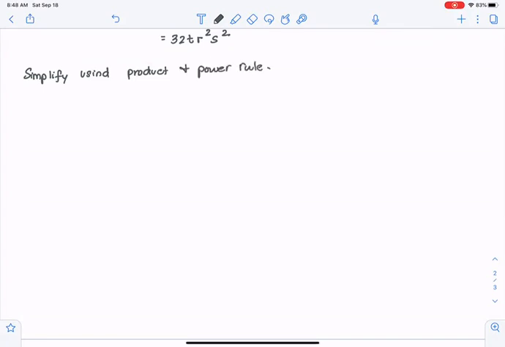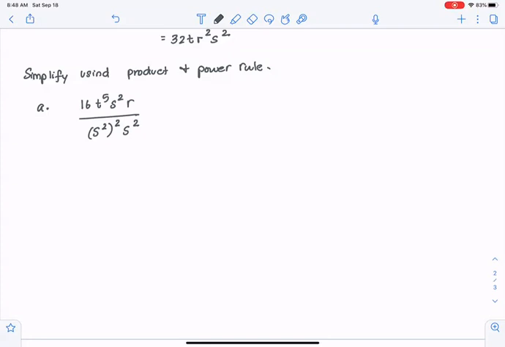So we are going to do a few examples where we will combine product rule and power rule and quotient rule to see if we can simplify an expression. So 16 t raised 5 s squared multiplied by r divided by s squared raised 2 multiplied by s squared.